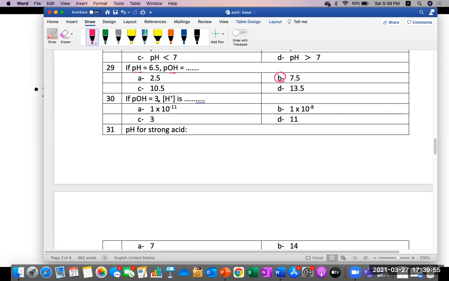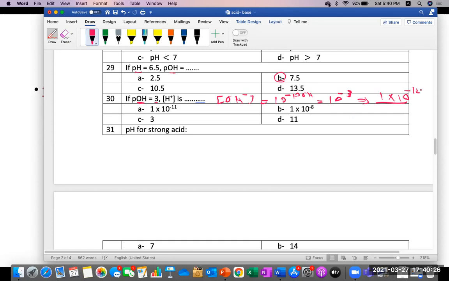If the pOH is equal to 3, what is the concentration of the hydrogen? From pOH, I can calculate the concentration of the hydroxide, which is equal to 10 to the negative of the pOH, so it will be 10 to the negative 3. From this one, I can calculate the concentration of the hydrogen because we have the formula that the concentration of the hydrogen times the concentration of the hydroxide equals 1 times 10 to the -14.